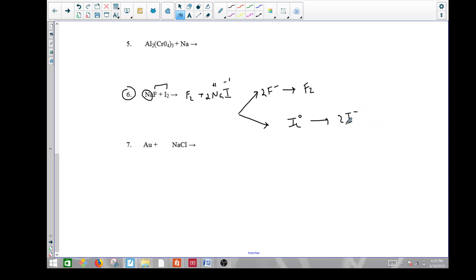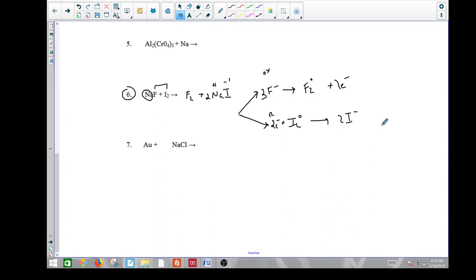All right, and now we add electrons to make sure we're balanced. Now again, these are not going to balance to 0, but they have to balance on each side. So this is going to have 2 electrons. And of course, I add my 2 there because the fluorines aren't equal. And then I have to add 2 electrons right here to make sure these 2 are equal. And this is my oxidation, and this is my reduction.